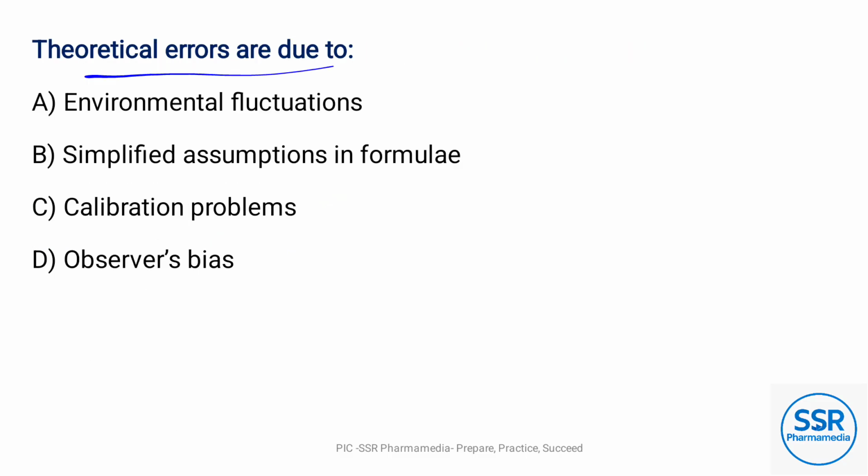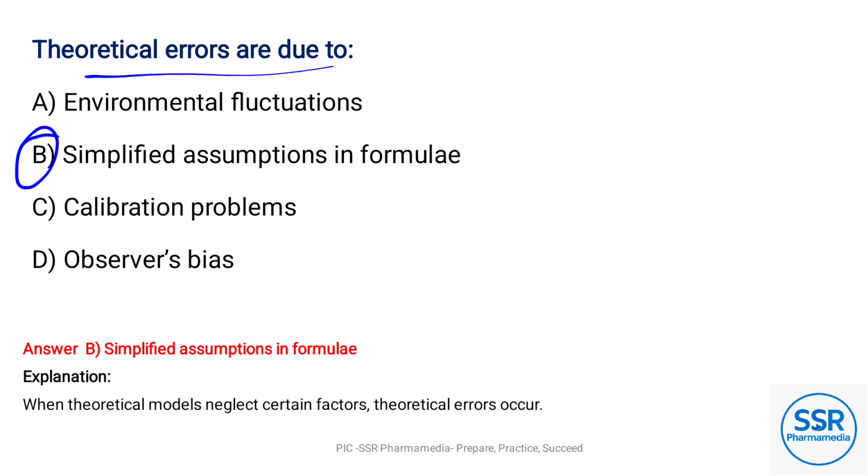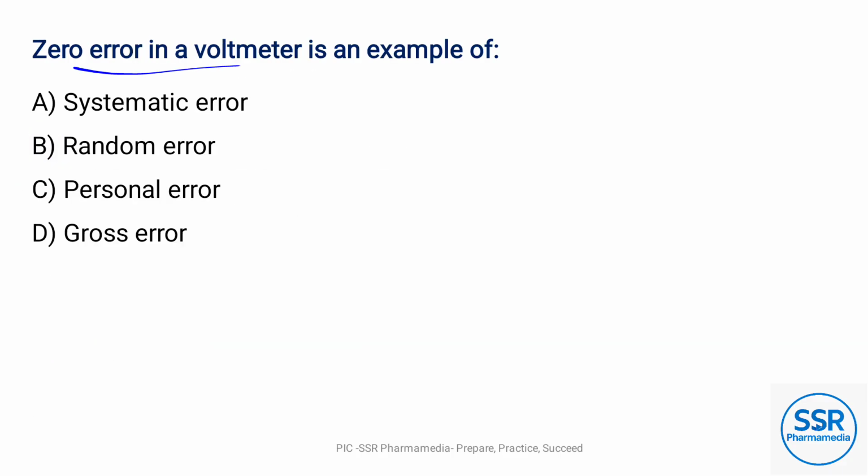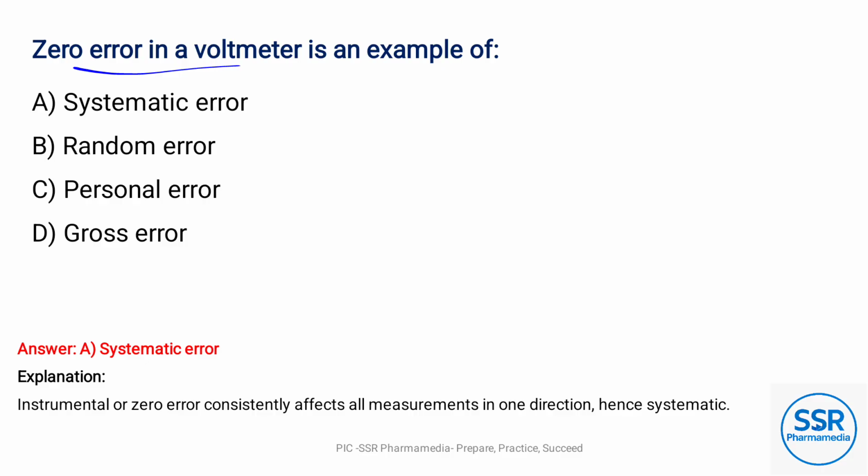Theoretical errors are due to? The answer is option B, simplified assumptions in formula. When theoretical models neglect certain factors, theoretical error may occur. Zero error in a voltmeter is an example of? The answer is option A, systematic error.